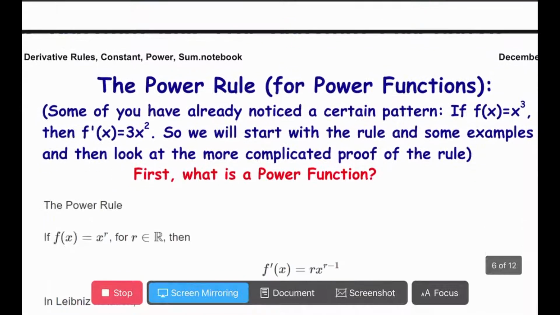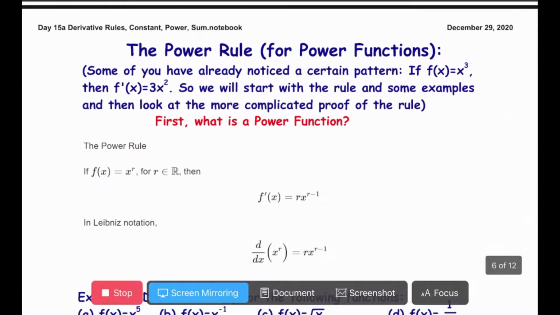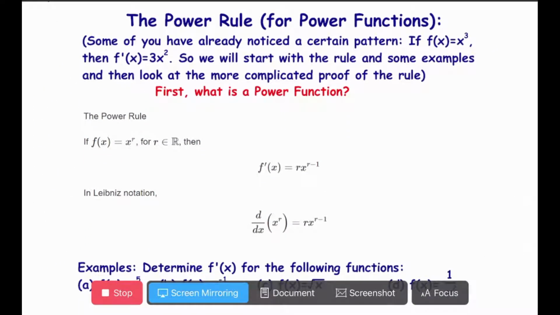Great. Next up, we have the power rule for power functions, and this is where we really start to save some time working with our derivatives and having a really useful tool in our toolbox. Some of you have already noticed a certain pattern. If f of x equals x cubed, then f prime of x equals 3x squared.